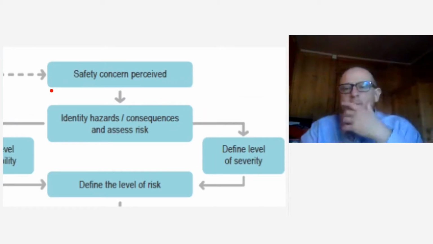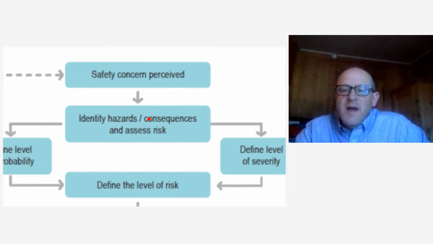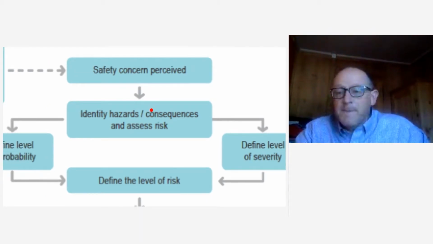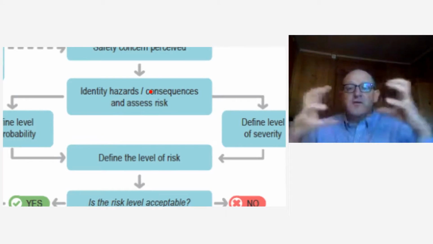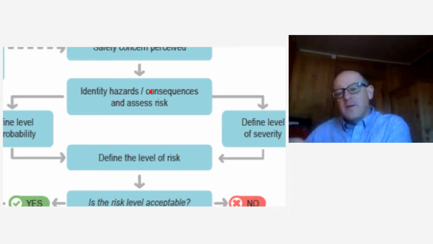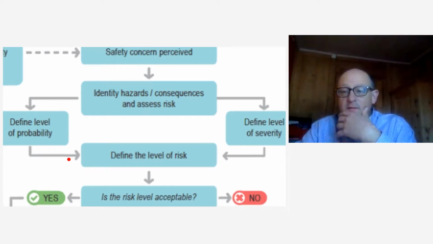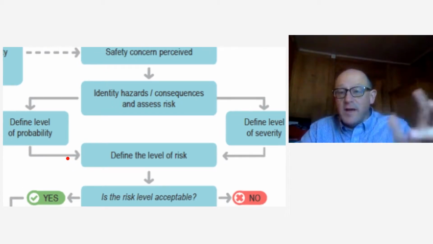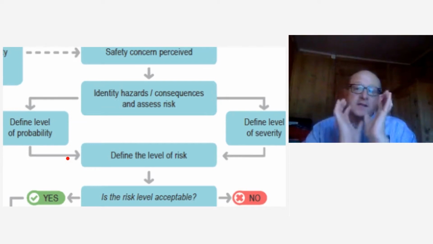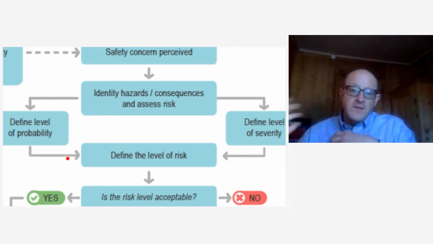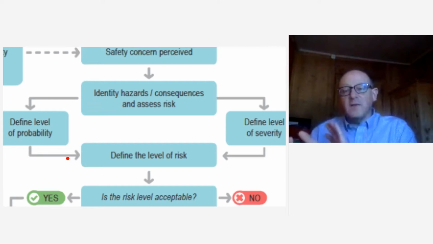We identify hazards and assess the risks. We have 2 perspectives. We have the level of severity on the one hand and the level of probability on the other hand. And that combination, severity and probability, gives us the level of risks.